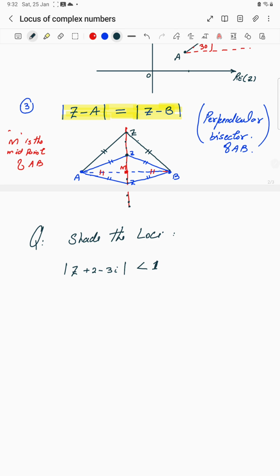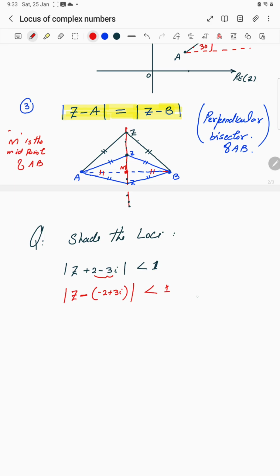But for that we need to write z minus something, a constant number. So z minus (-2 + 3i), because the sign is minus by default, and this becomes a fixed point, and the modulus is less than 1.